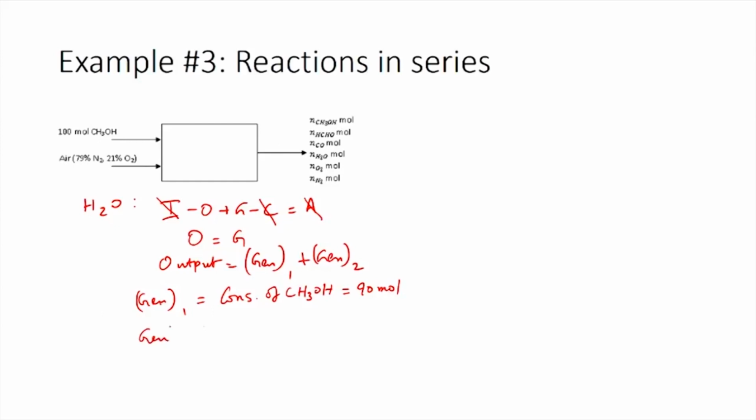Similarly, generation of water in reaction 2 will be equal to consumption of formaldehyde in reaction 2. We know that consumption of formaldehyde in reaction 2 is 15 moles. So, thereby giving the generation of water in reaction 2 to be 15 moles. So, the output is basically the summation of these two. So, N_H2O is equal to 90 plus 15, giving us 105 moles.